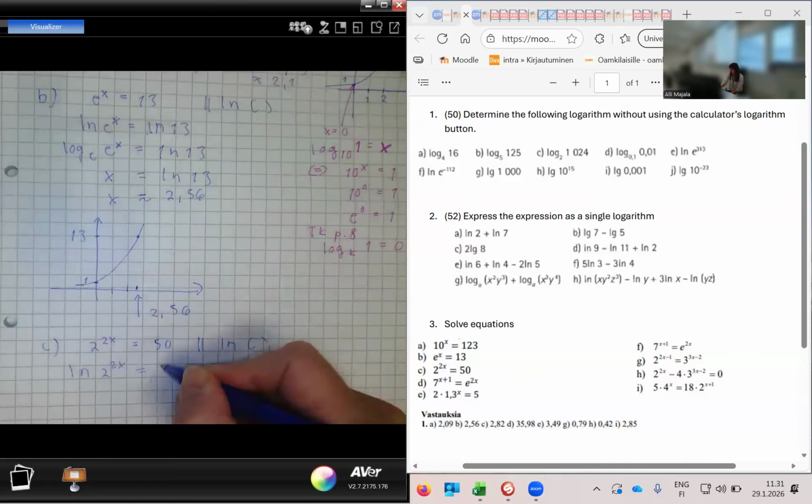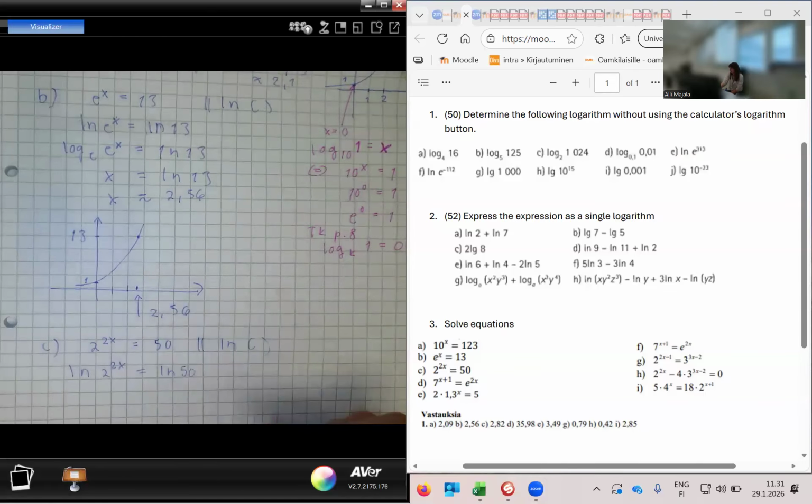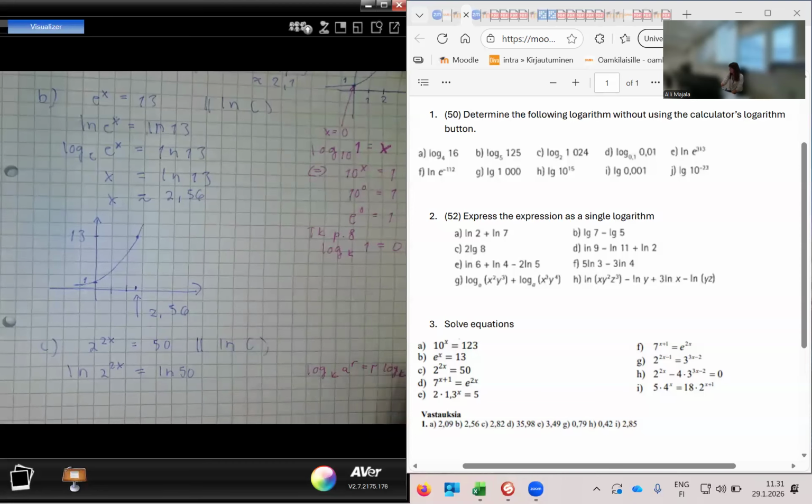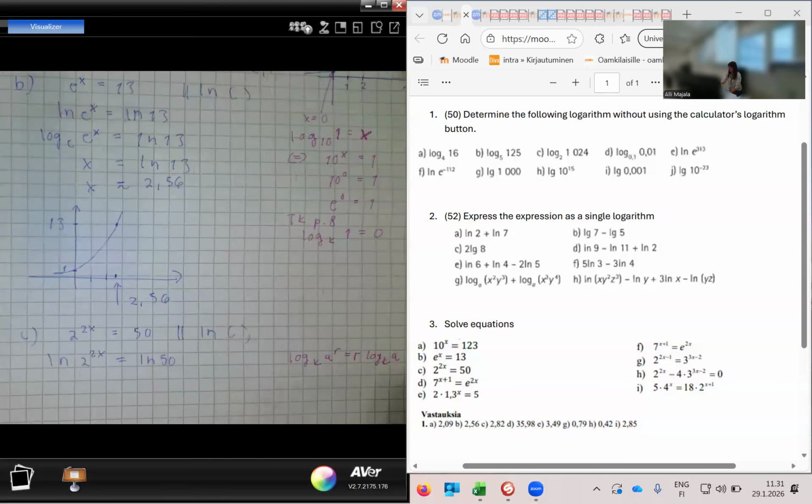It is ln 50. And then I would use the rule from the technical formulas, where I can drop the exponent in the log.